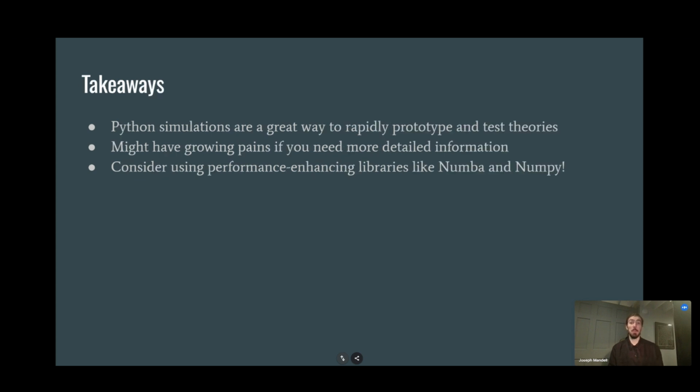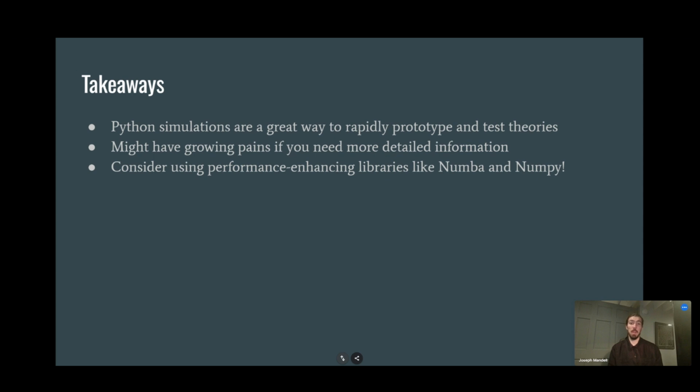So takeaways, what should you remember when you close this video? Python simulations are a great way to start prototyping theories, but you might have issues with them if you need code to be very fast or very accurate. In a situation like this, I would encourage you to consider using performance-enhancing libraries like Numba or NumPy.